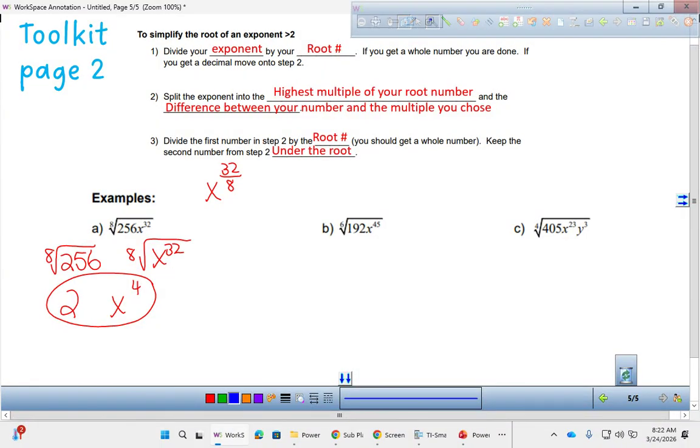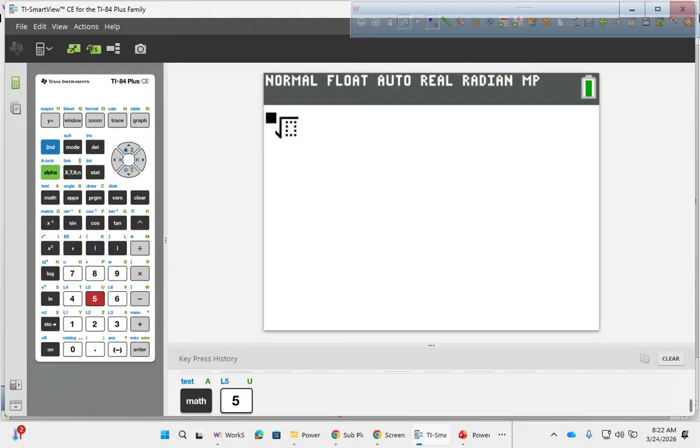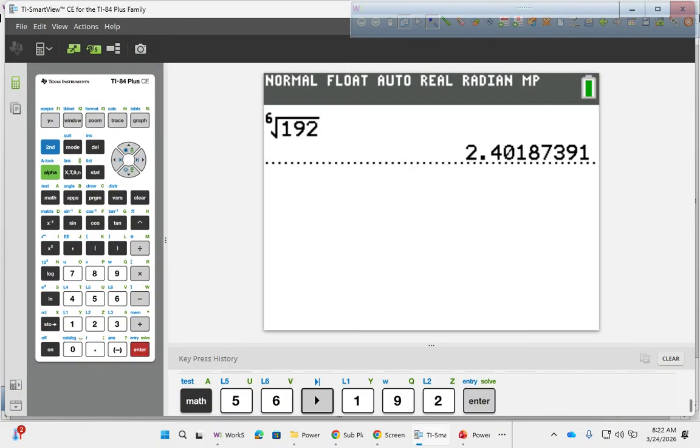All right, so for the next one, let's split this up. We're going to look at the 6th root of 192 and the 6th root of x to the 45th. So 6th root of 192. I'm going to math 5, the 6th root of 192, decimal.